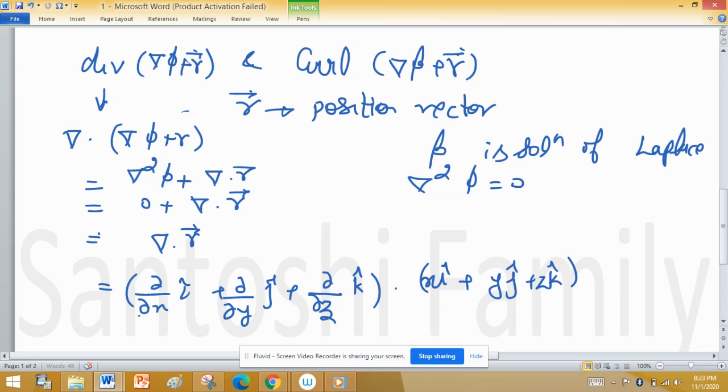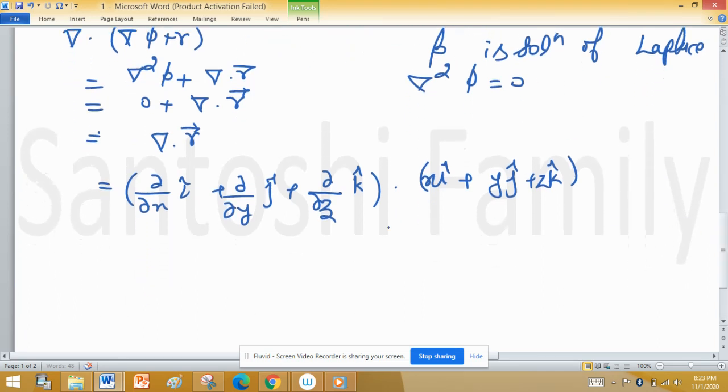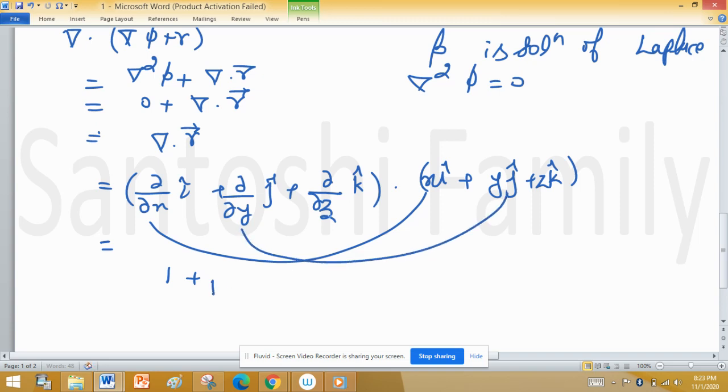In a dot product, we use i with i, j with j, and k with k. So the partial derivative with respect to x is 1, the same for y, and again 1. This is equal to 3, not equal to 0.